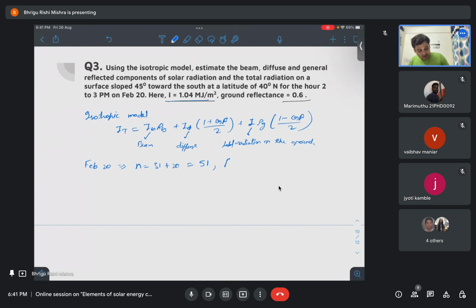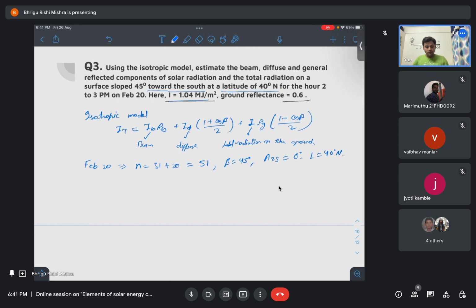That means tilt angle beta is 45 degree, sloped toward the south. Toward the south means the surface azimuth angle AZ is 0 degree. Surface azimuth angle 0 degree reduces the complexity of the problem. The latitude of the position is given as 40 degree north, so L is 40 degree north.